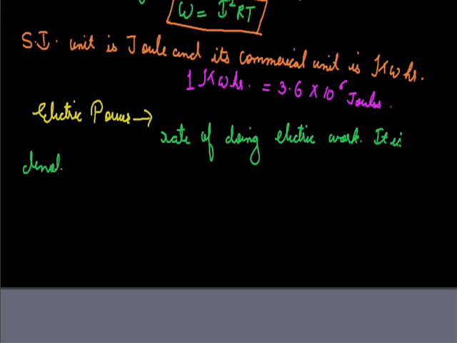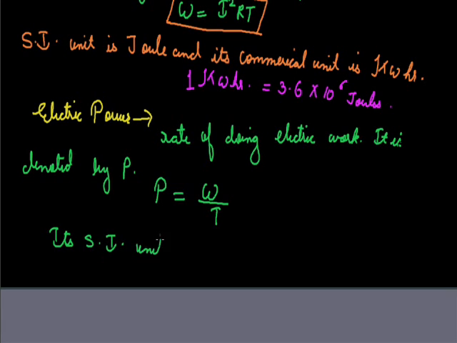It is denoted by P. P is equal to electric work done per unit time. Its SI unit is watt.